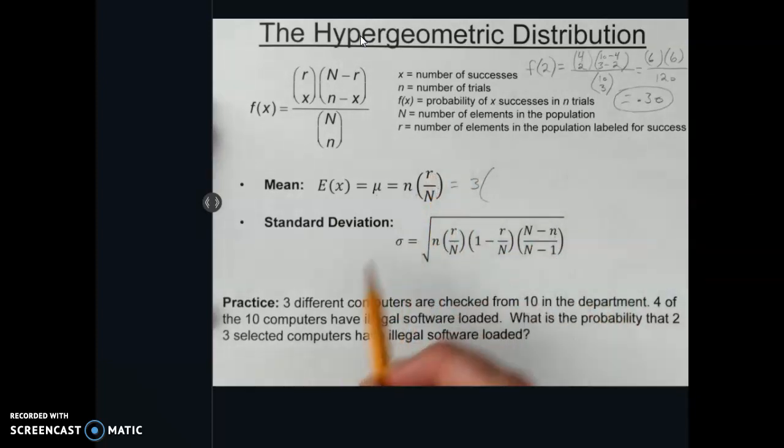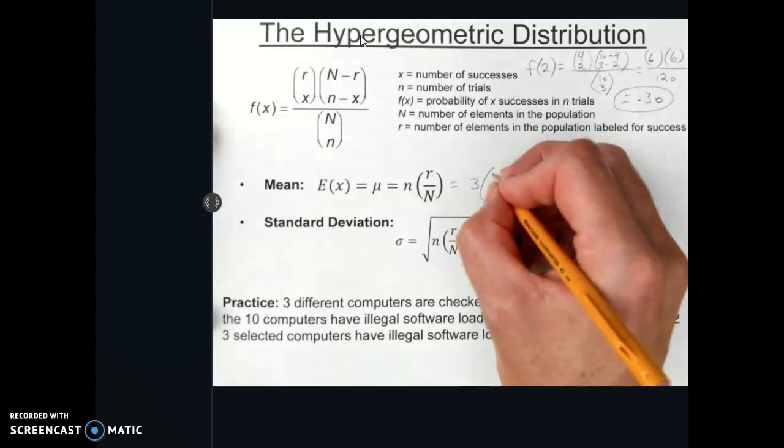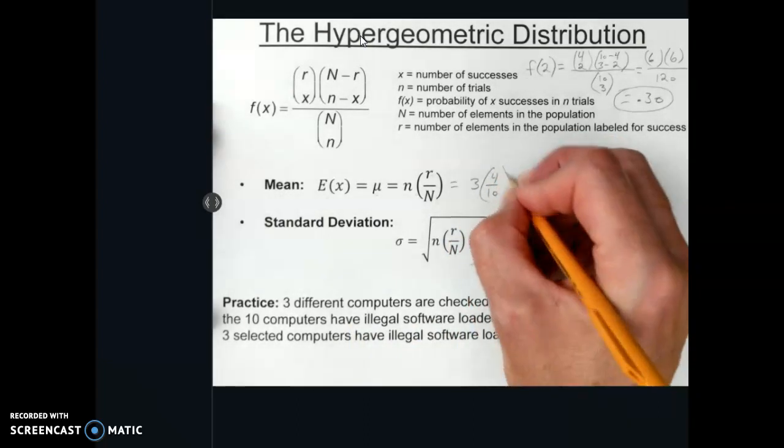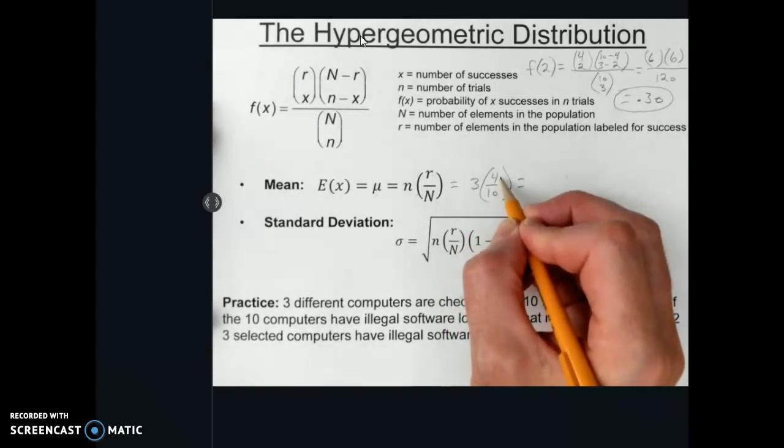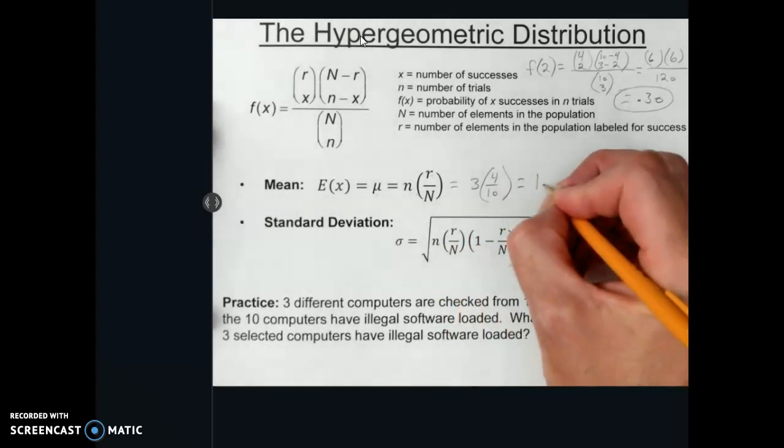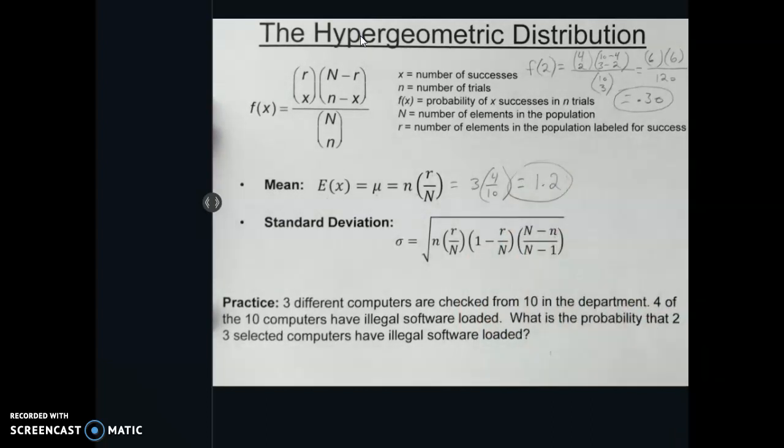Well, the number of successes in the population is 4, and there's 10 computers in the population. 4 of 10 have illegal software, so 4 over 10. And if you do this correctly, you will get 3 times 4, which is 12, divided by 10 is 1.2. That is the mean.